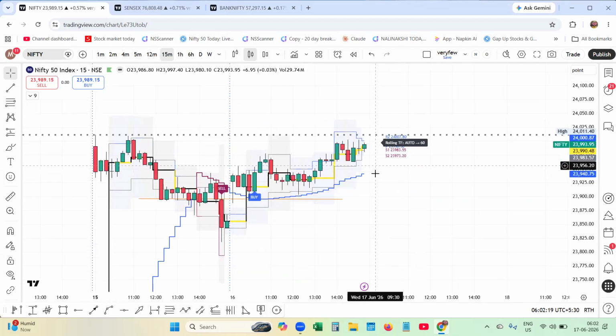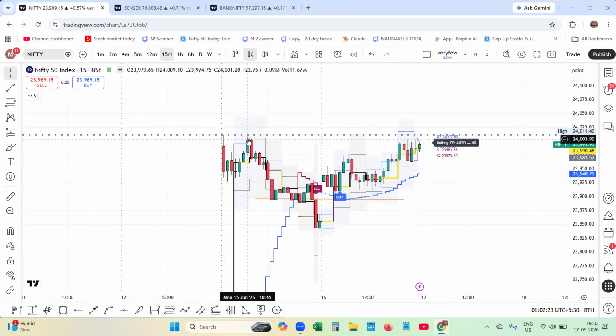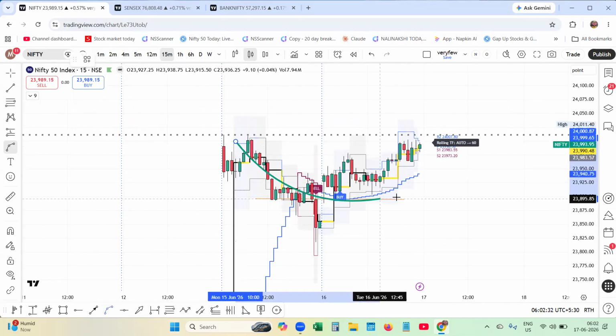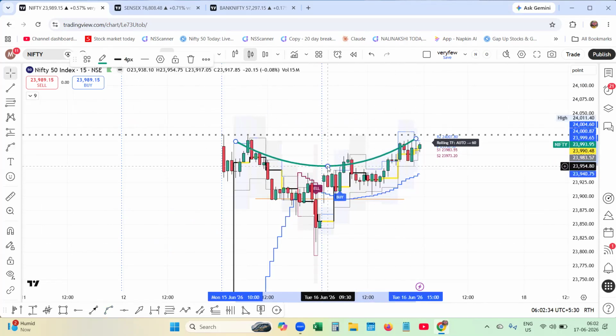So any dip is a buying opportunity, and if this cup type of formation breaks out, let me put a cup picture over here.